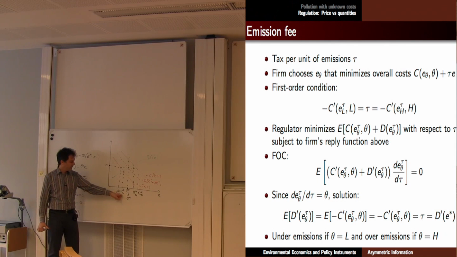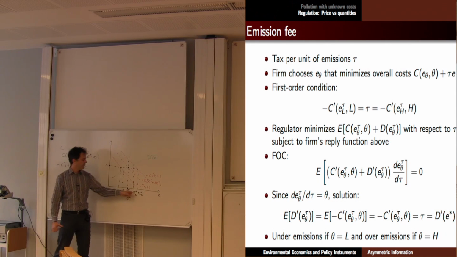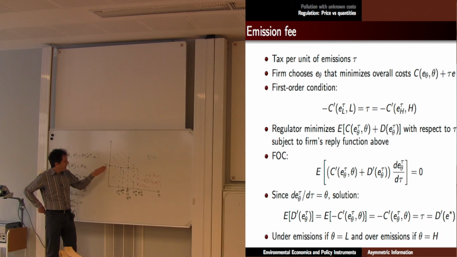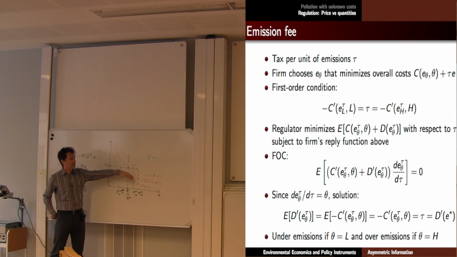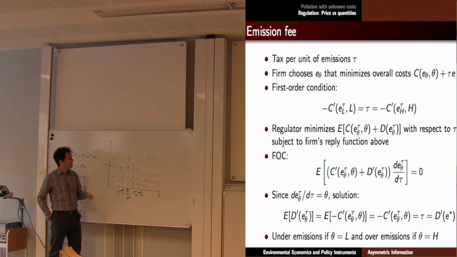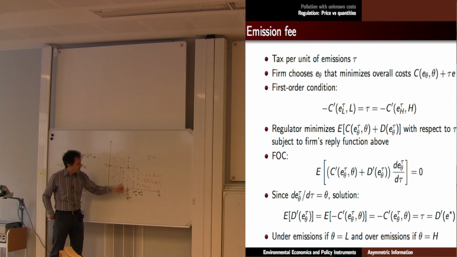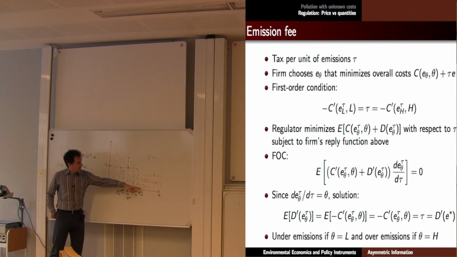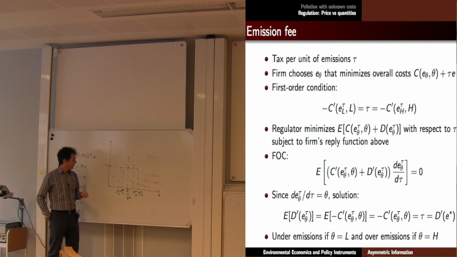And compared to the first best, you get under-emission for low cost and over-emission for high cost. Why? Because you have designed as a regulator the tax based on expected cost. So the tax reflects the ex-ante level of emission for expected cost. But it turned out that, let's say, costs are lower than expected.